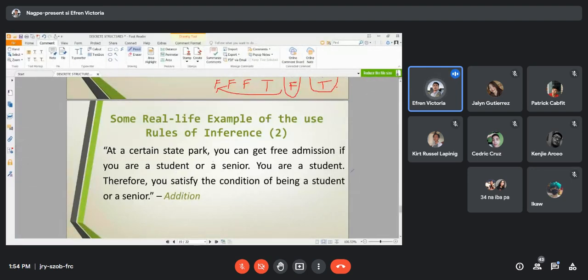So you are a student, therefore you satisfy the condition of being a student or a senior. So ito naman, yung iba rito is parang additional part nung argument. So at a certain part you can get free admission if you are a student or a senior.